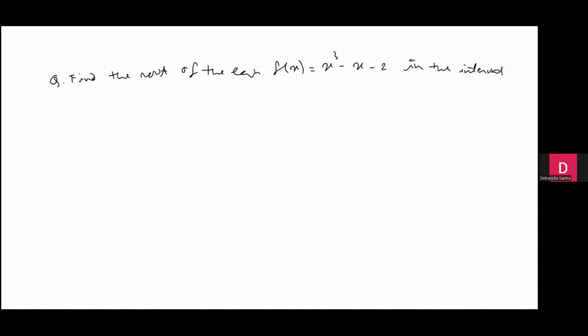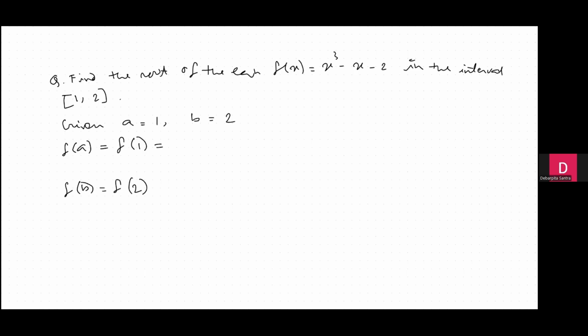So what is given? Given a is equal to 1, b is equal to 2, and first we have to check whether f of a, which is f of 1, and f of b, which is f of 2, are of different signs or not.